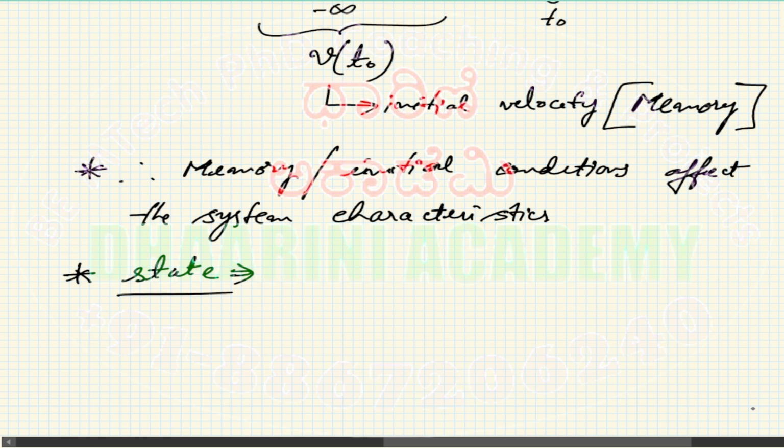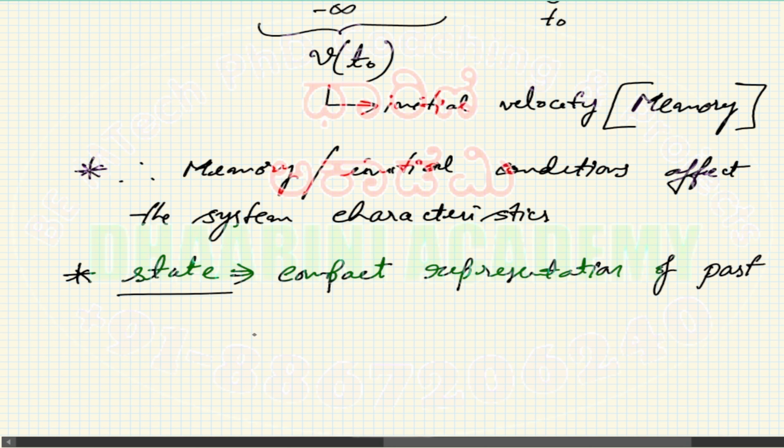It's a compact representation. So state can be considered as a compact representation of the past, or the history, of a system.